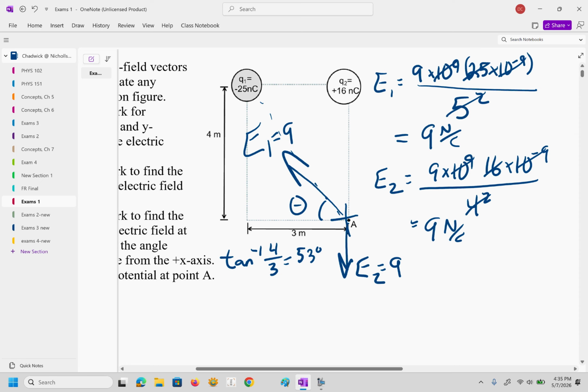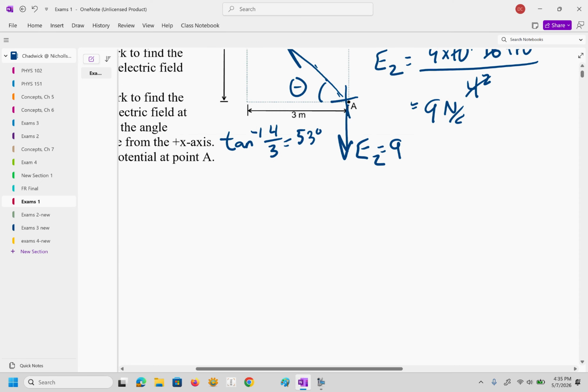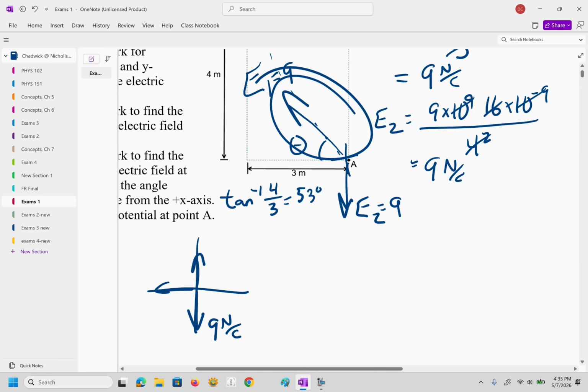And then after that, I like to redraw this as another picture, a free body diagram, where I have 9 newtons per coulomb here, and then I have a vector there and a vector there. Those are going to be the components of this vector.